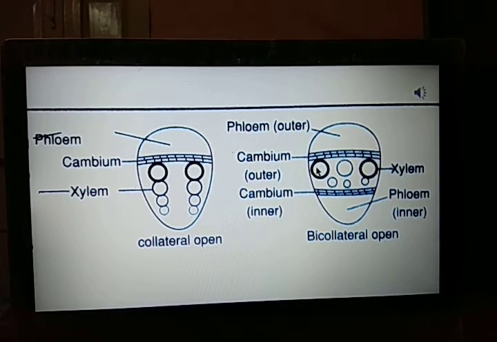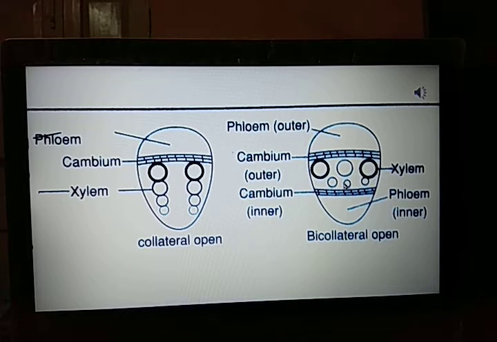Now, if you look into the xylem vessels, the larger metaxylem vessel lies towards the periphery and the smaller protoxylem vessels lie towards the pith. Here also in Cucurbita we find the same sort of arrangement, that is the metaxylem vessels with larger inner space lie towards the periphery and the protoxylem vessels with less inner space lie towards the pith.